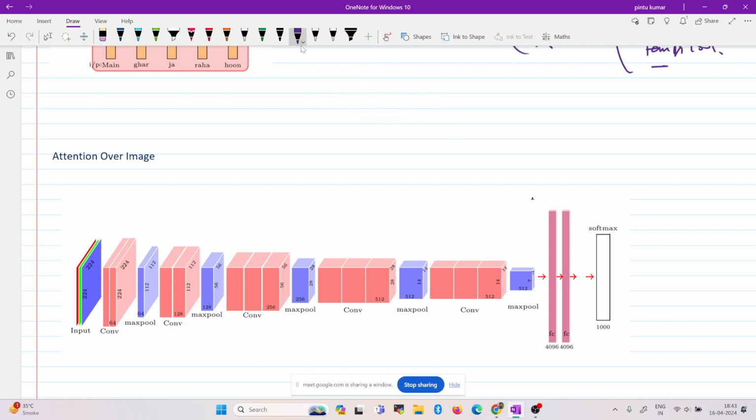Let's say your task is to identify whether you have humans or not, or maybe the kind of task that we had, image captioning. So in case of image captioning, the caption that we obtained was a man playing frisbee.